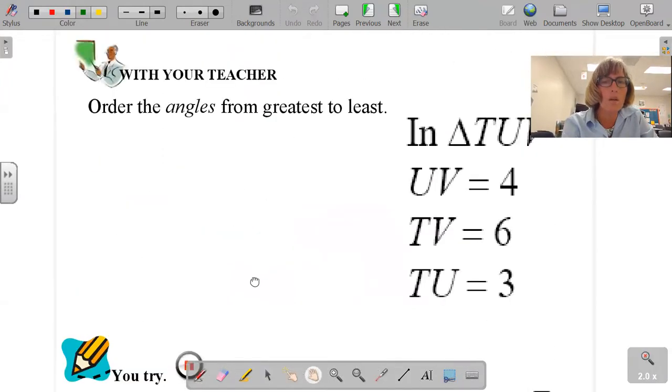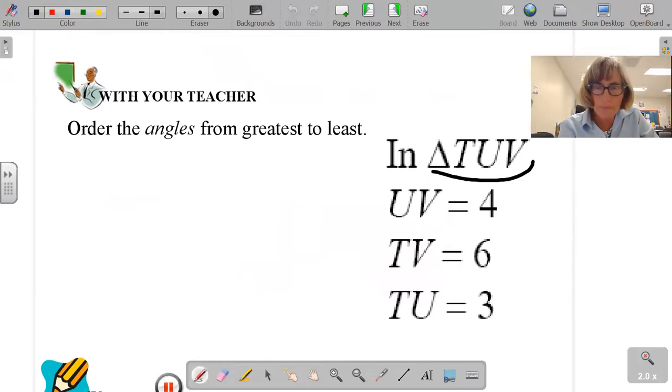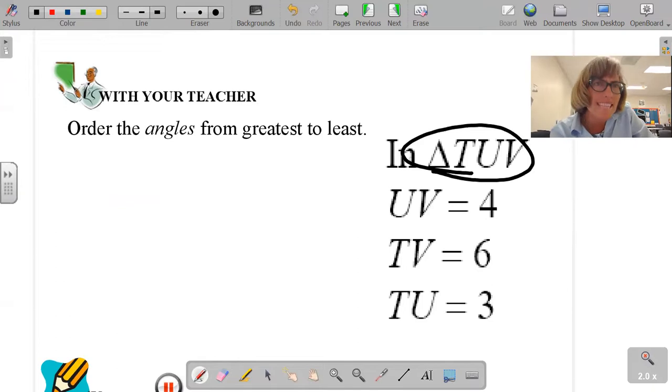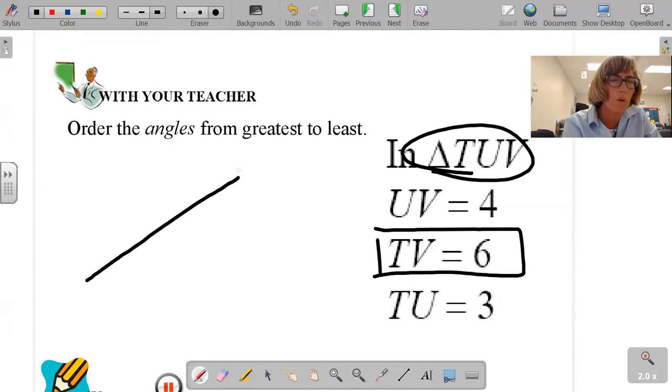So right here it says we have a triangle, TUV. And we're given side lengths. So when you have TUV, T to V is the largest side length. So I'm going to go here, T to V, is 6 units.